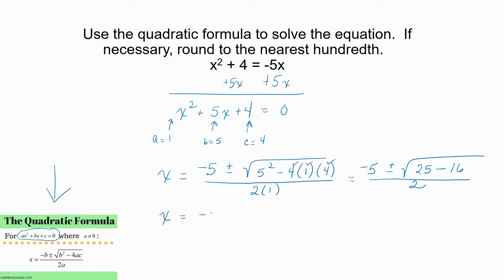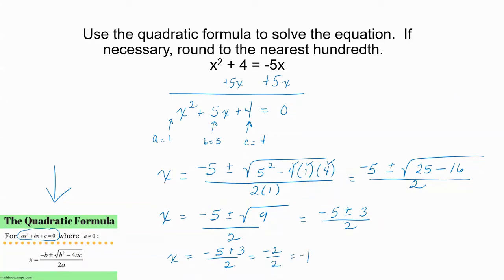So again, underneath that square root, I can do the subtraction. 25 minus 16 is 9. And friends, we know what the square root of 9 is, don't we? It is 3. Now, be careful here. You have two solutions. Let's break them apart. One of them is negative 5 plus 3 divided by 2, which would be negative 2 divided by 2, which is negative 1.